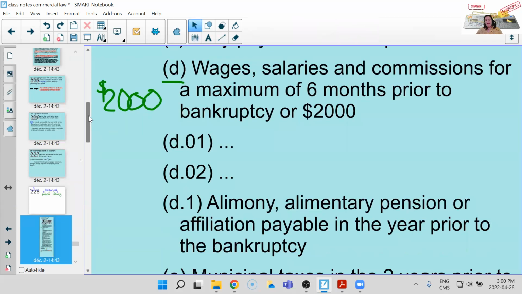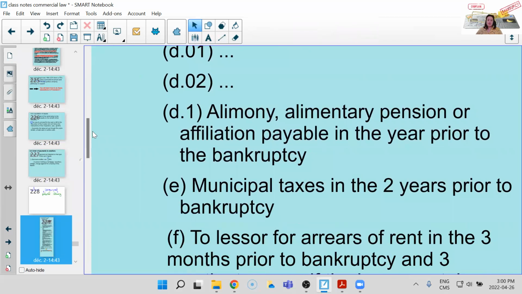Same thing for D.1. It says alimony, alimentary pension, or affiliation payable in the year. So there's again a cap. It's 1 year. Okay.